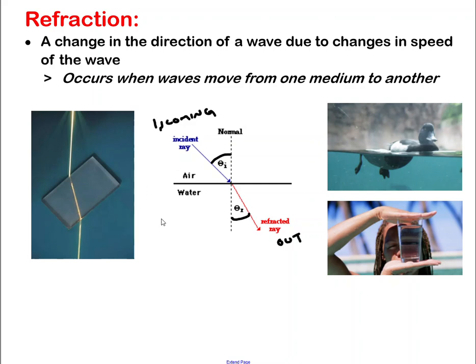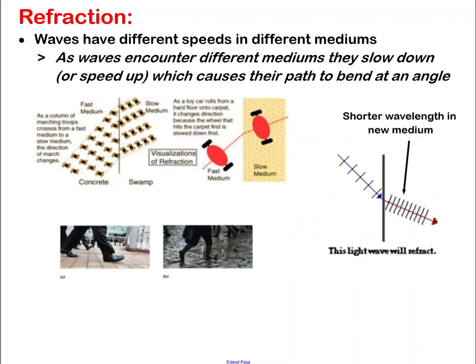Okay, so why do they bend? They bend because their speed changes. And there are a number of different examples that I think help with this. If you were in a marching band, some of you probably are, and you are walking on concrete, you are going to go one speed. However, when you get to this line, if on the other side of this line is swampy, dirty, mushy ground, as you go through, you will slow down.